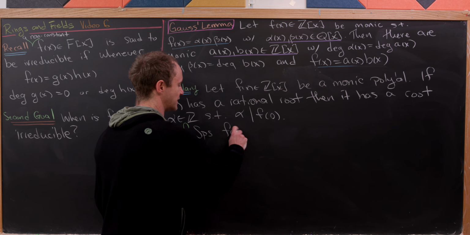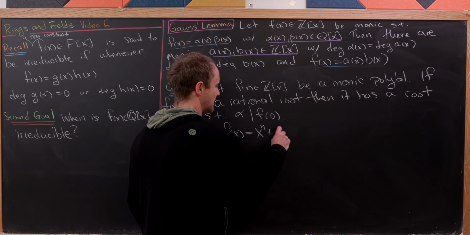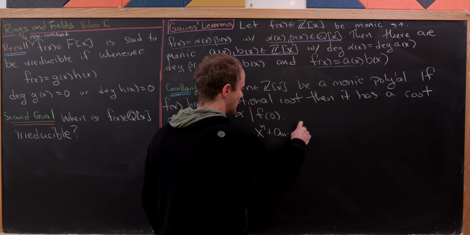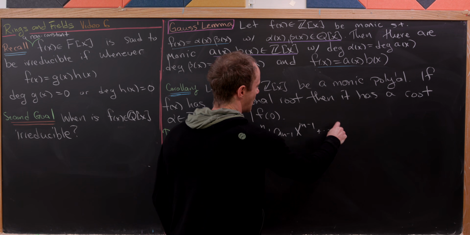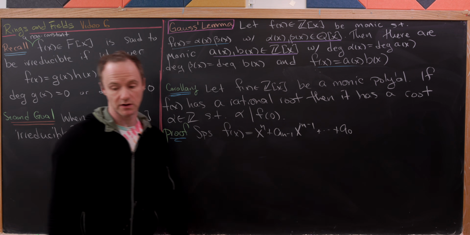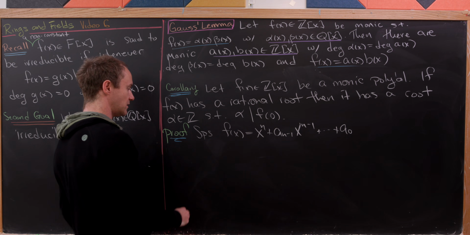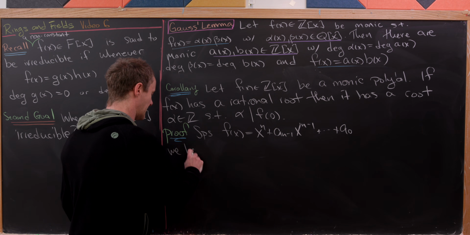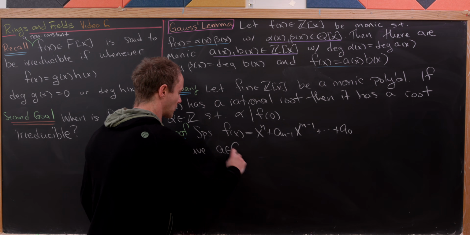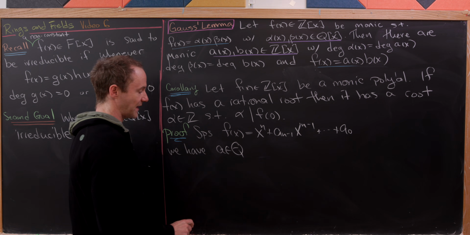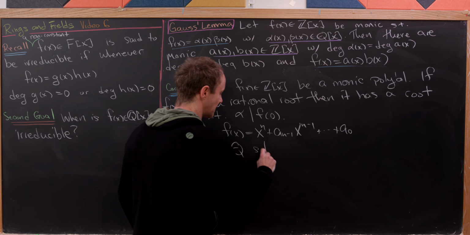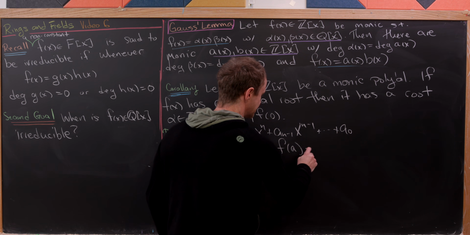Okay, so let's see how this proof goes. Let's suppose that we can write f(x) as x^n plus a_{n-1} x^{n-1} all the way down to a_0. And then note that we have a root, a rational number a in Q, such that f(a) is equal to 0.